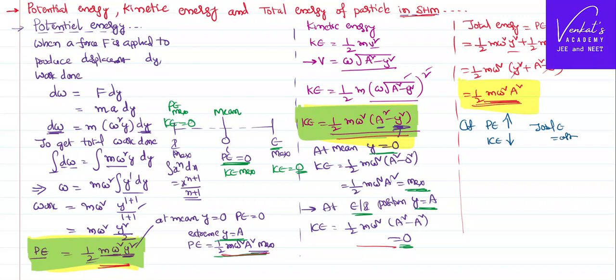Or if potential energy is decreasing, kinetic energy will be increasing. And the total energy, half m omega square a square, always remains constant for a particle in simple harmonic motion. That's how we can derive expressions for potential energy, kinetic energy, and total energy of a particle in simple harmonic motion. That's it.